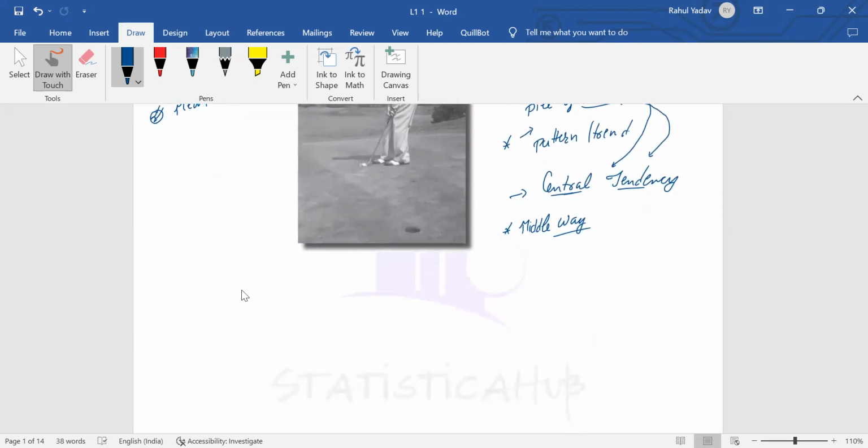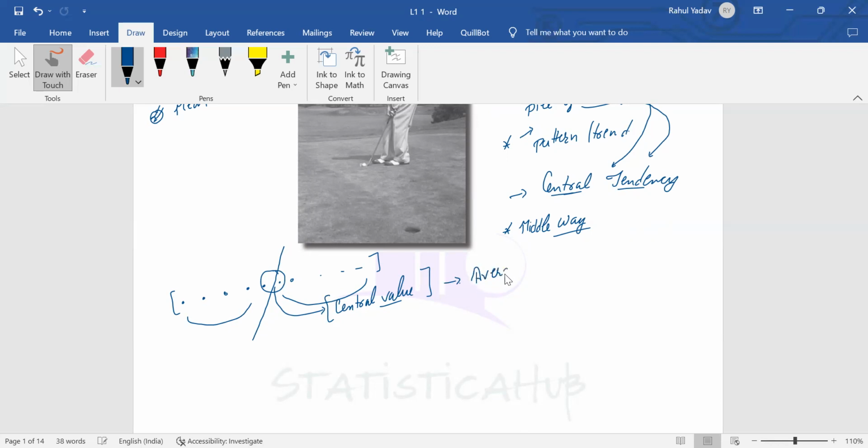So this is the middle value or the central value for our particular data. That means we have some data, and if every dot denotes a data point, we have a lot of data and we need to find some central value. If I go for the middle value, I can state that the central value can be something over here. This central value can be taken to be some average.